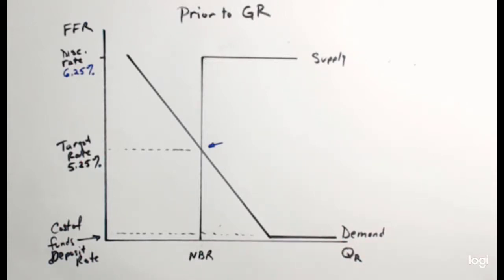Sometimes it's important and helpful to put micro foundations and underpinnings to this aggregate model so that we can better understand it. Let's rewind, make sure we understand what the reserve market is. Remember, banks have to keep reserves to back up their deposits, and banks have to meet reserve requirements periodically.